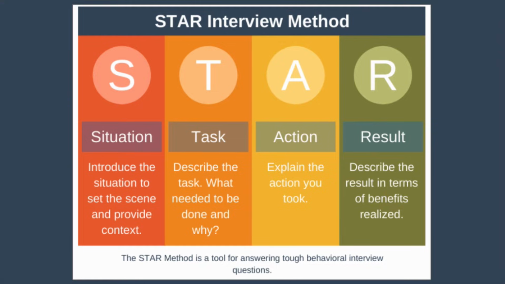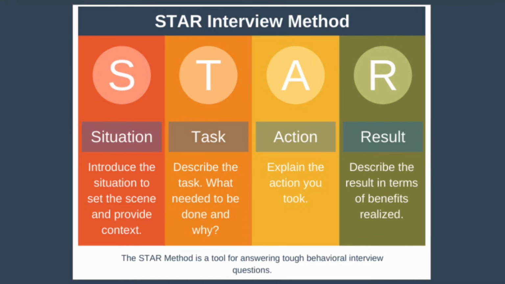Step 2 is task, and in this step, you describe what your task was given the situation you just described. The third step is action, and here you describe the actions you took to complete the task. Essentially, you need to explain what you did and the challenges you overcame to succeed.